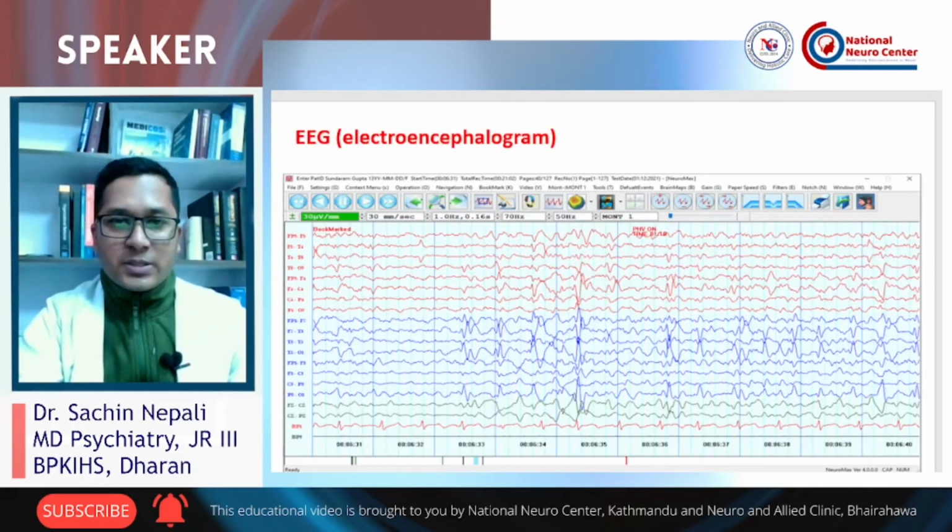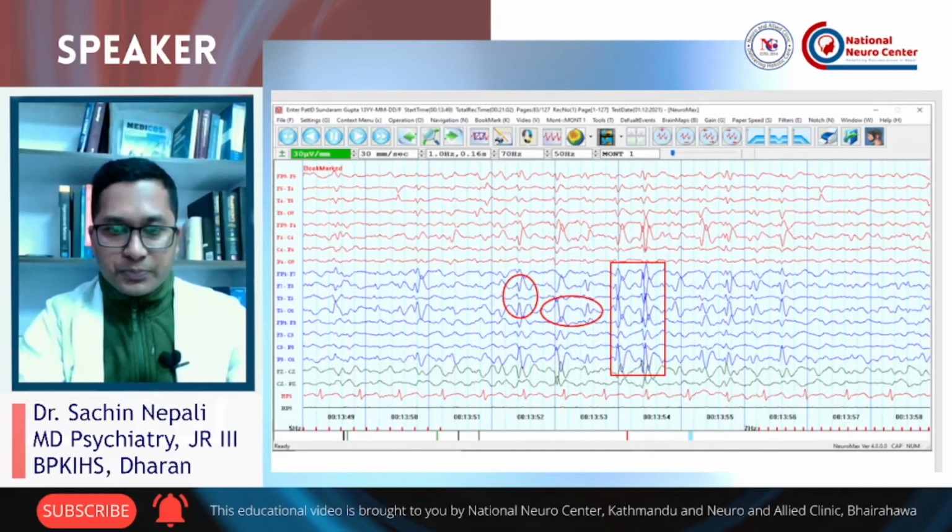Now after that, EEG. This is the EEG of the patient which we had described in the case vignette. In this we can see these spikes, spikes in the temporal and the occipital lobes. Here also there are spikes in the temporal and occipital lobes.